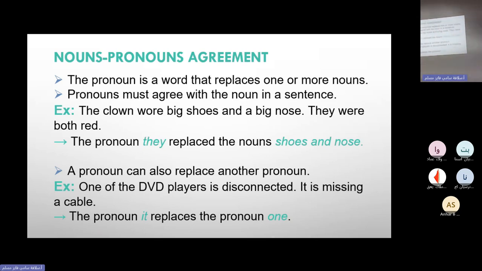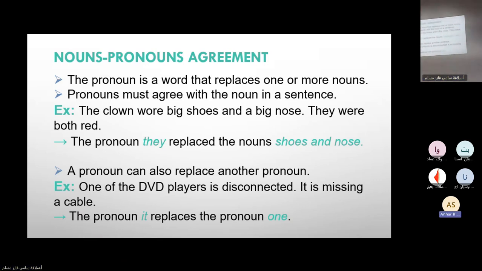Example. Go on. Read the last example. A pronoun can also replace another.